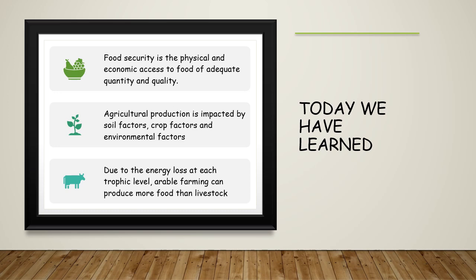Agriculture production is impacted by a variety of things, so soil factors, crop factors, environmental factors that I went through. And again, just as we finished off with, energy loss at each trophic level, so from producer to primary consumer to secondary consumer, it does mean that arable farming can produce more food than livestock. But again, is that something that everyone wants? So we need to make sure we strike that right balance to get the right food supply.